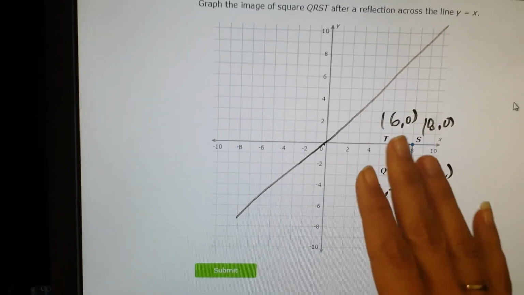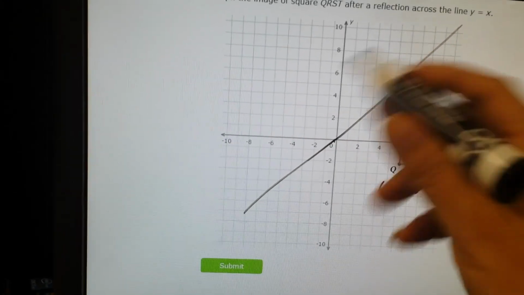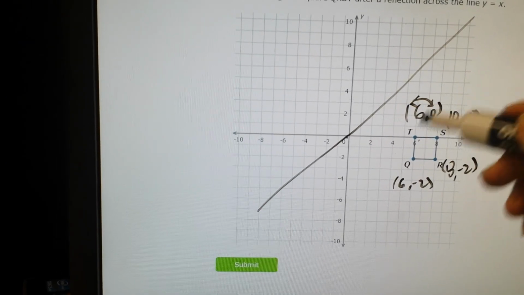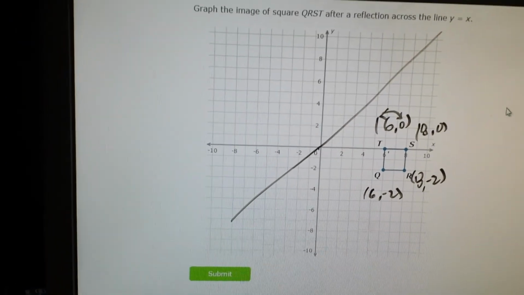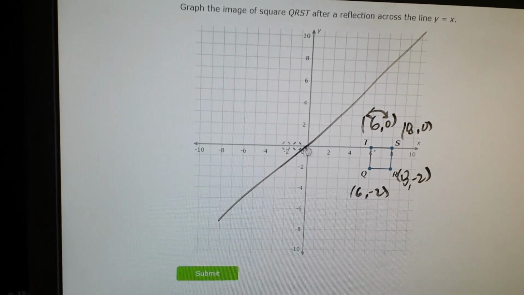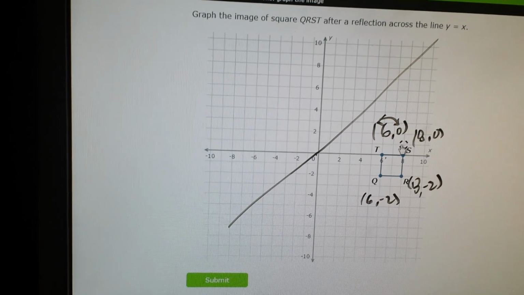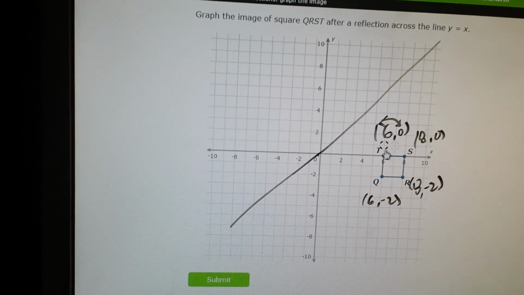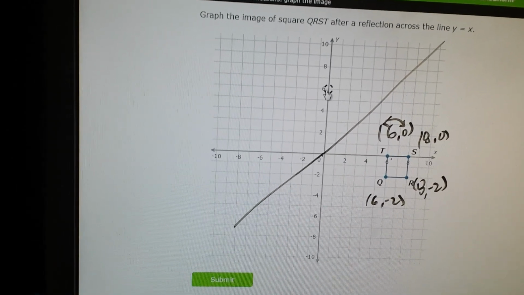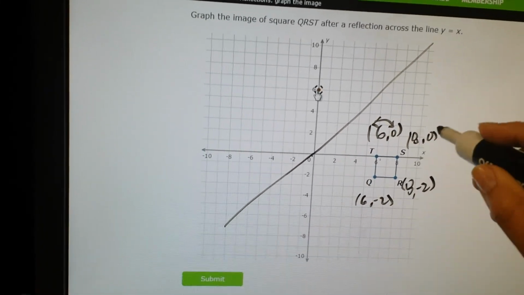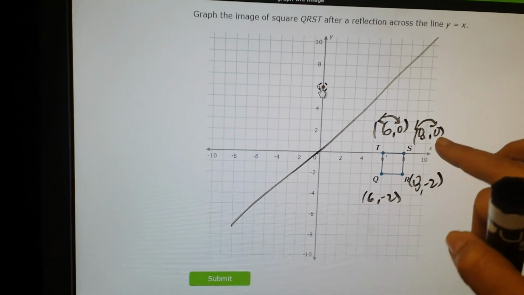Alright, and what you're going to do is basically just switch them. So once you reflect it, the 0 and 6 are going to switch over. So you're going to go 0, 6 once you switch them. So 0 is going to switch with the 6. So 0, then 6. That's T prime. This one is going to become, switch these over, 0, 8.